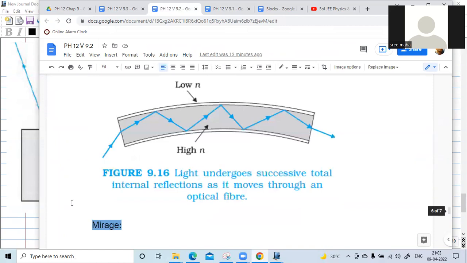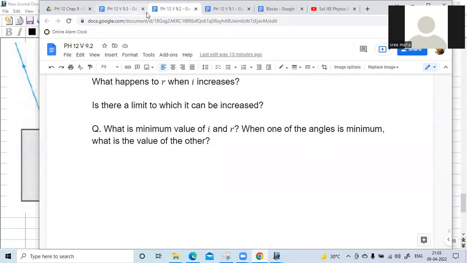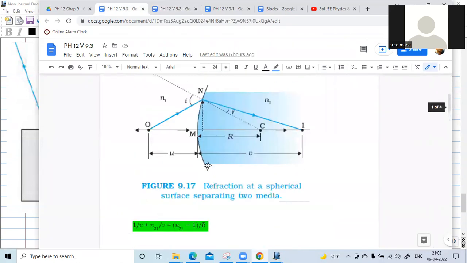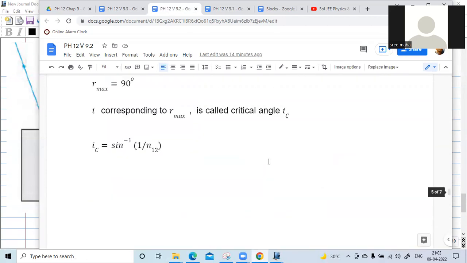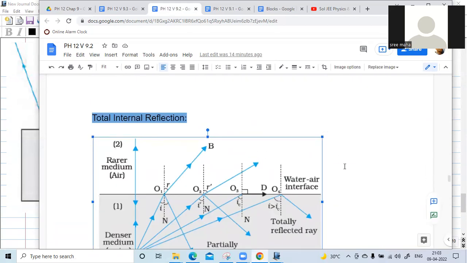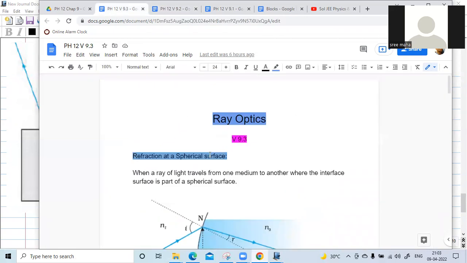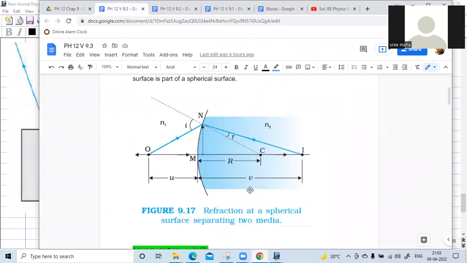As far as theory is concerned, still we have so much theory left, sir. No, this is okay, this is a huge lesson. This was the plain rectangular slab, and now we move to prism and refraction at spherical surface.